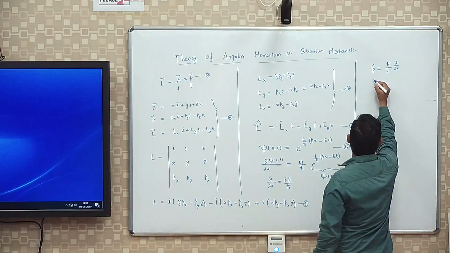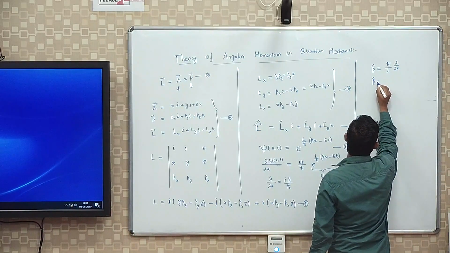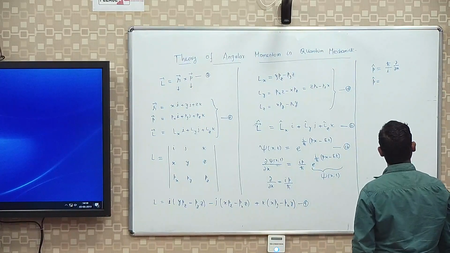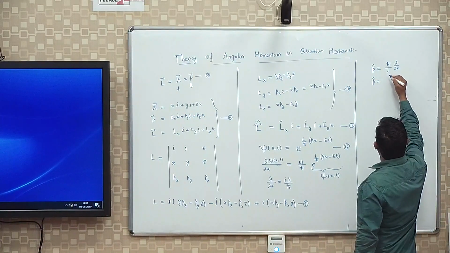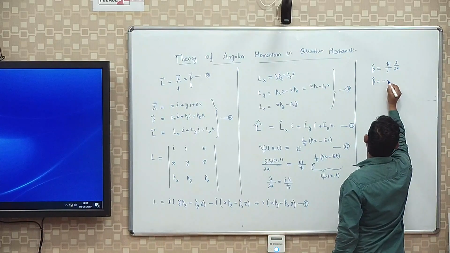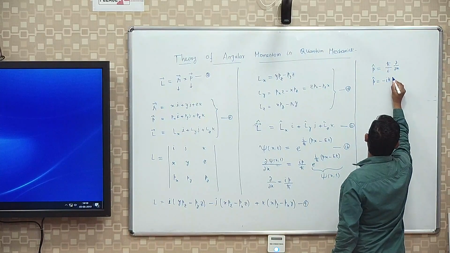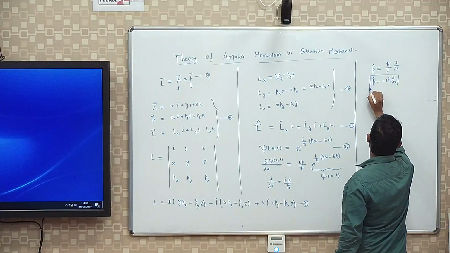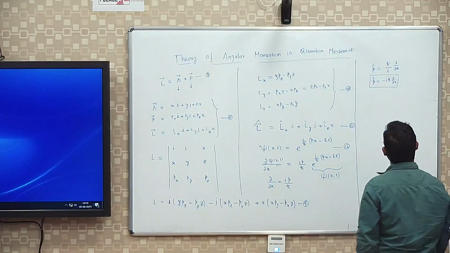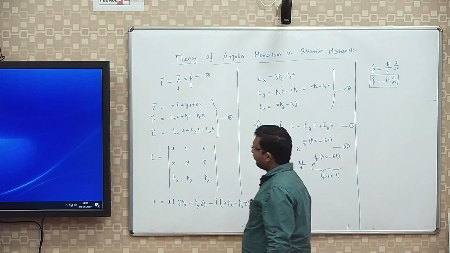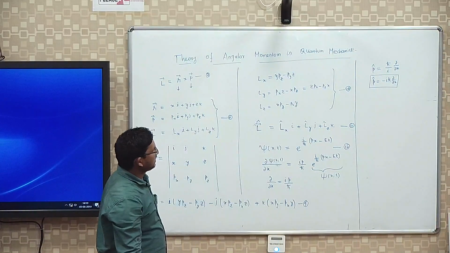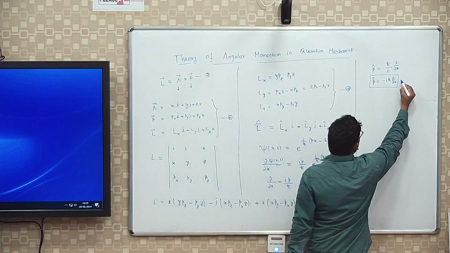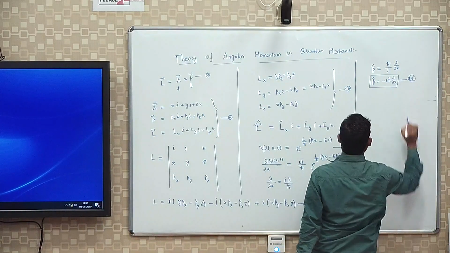Or we can further modify this expression because i is in the denominator, an imaginary part, then if we take it to the numerator, minus i h cross dou divided by dou x. This is the momentum operator along the x direction. This expression, make it number 13.